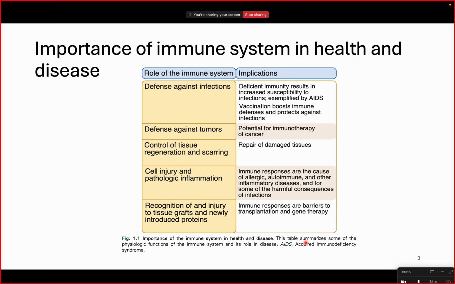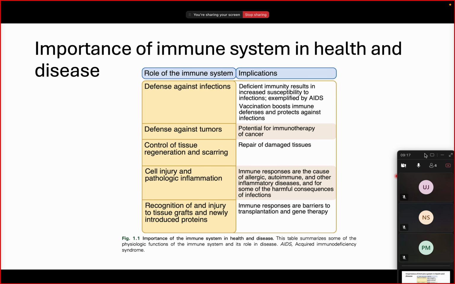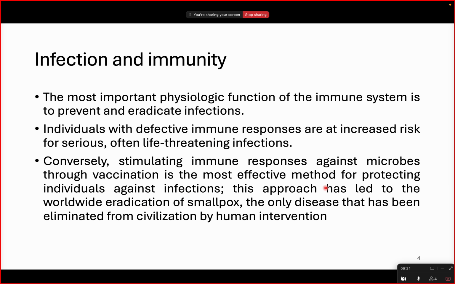You can also put this under vaccination, or the basic principle of vaccination. Then control of tissue regeneration and scarring, cell injury and pathologic inflammation, and recognition of injury to tissue grafts and newly introduced proteins.